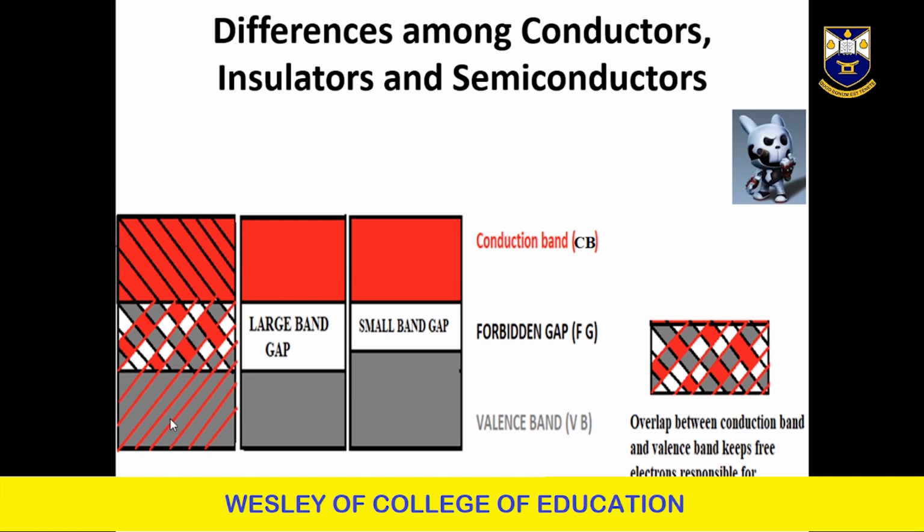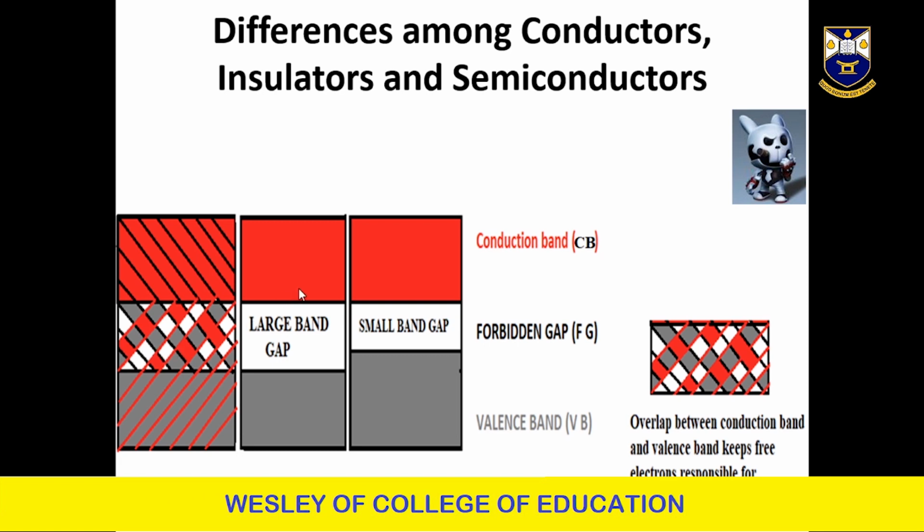And it also means that if there were electrons in the conduction band, they could also fall to the forbidden gap, making that place a no man's land. Thus, free electrons move from the valence band, and because there is no forbidden gap, they are able to move into the conduction band, and there can be conduction of electrons. Hence, we call them conductors.